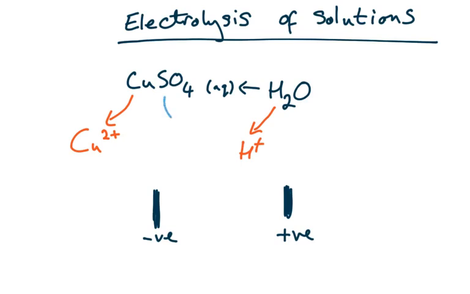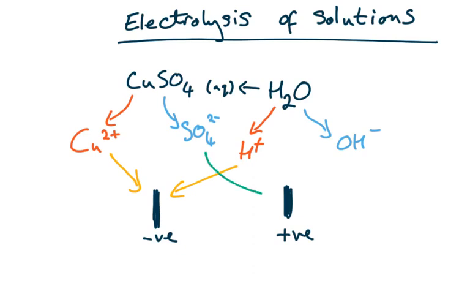And here we're looking at a sulfate negative ion, and we're looking again at our hydroxide negative ion. Now, in this case, we have a competition going on. So the competition is between our copper and our hydrogen going to the negative electrode, and between our sulfate and our hydroxide going to the positive electrode.